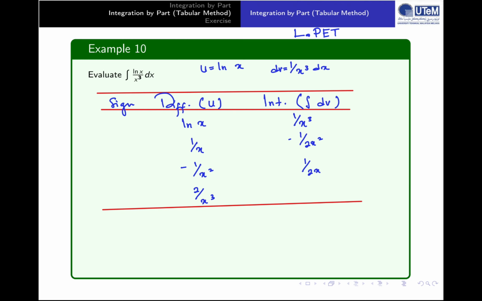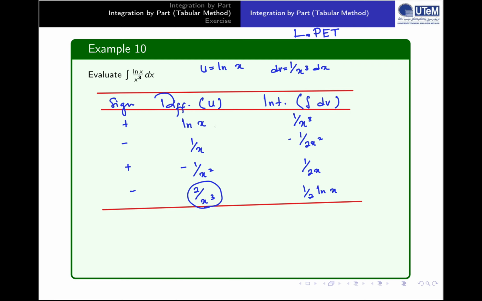Take note, this one is integration, and then integrate 1 over 2x, you can get 1 over 2 ln x. So this one, the symbol is plus minus plus minus. Okay, since you cannot get 0 here, you must do until 4 times.